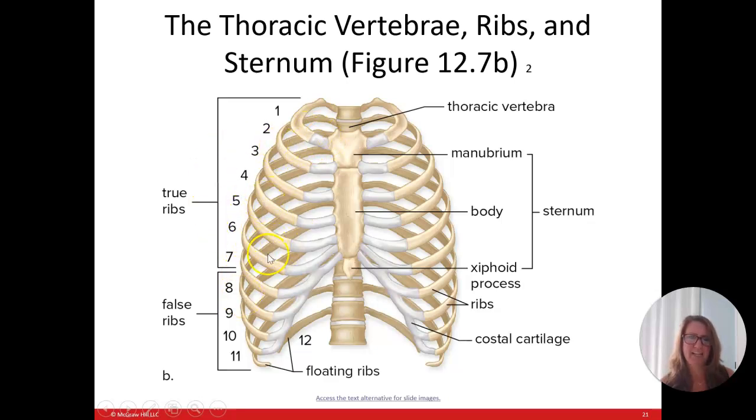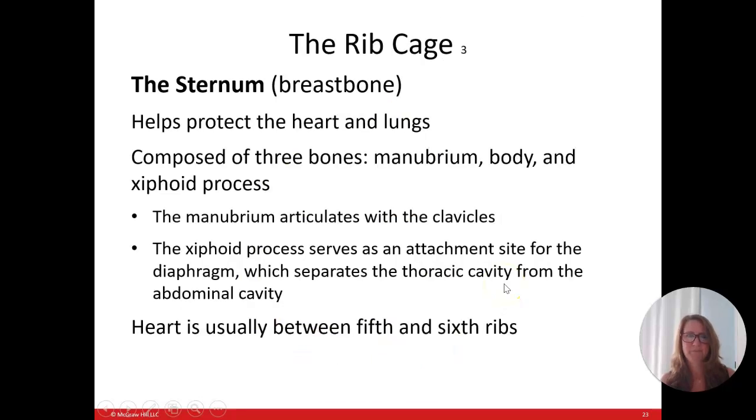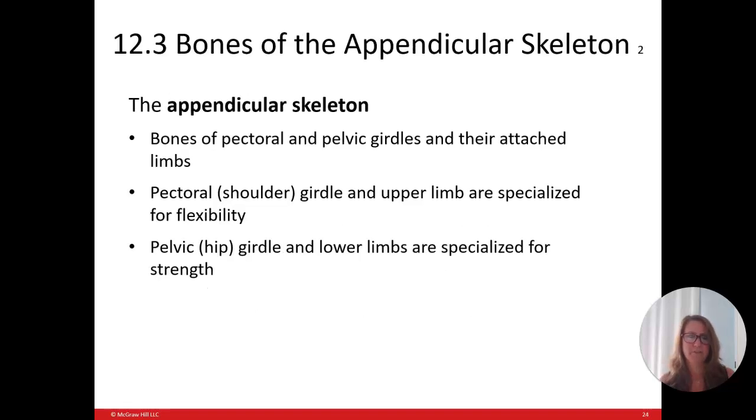It depends on where it connects. If it connects straight to the sternum, then it's true. If it's connecting by something else to get to the sternum, then it's false. And then we have the floating rib, which is not connected at all. Okay. As far as I'm concerned, there's nothing here to know. We've already covered most of that.